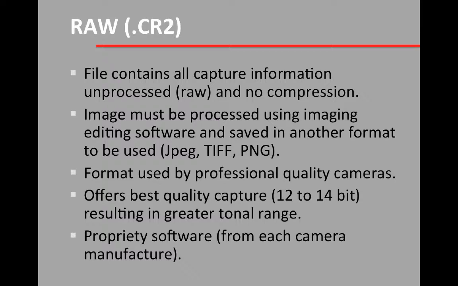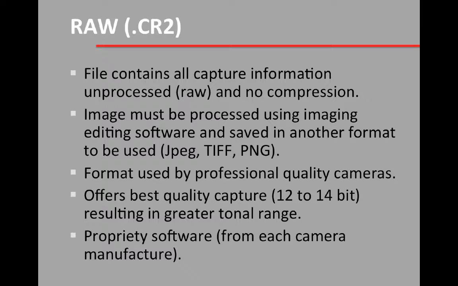Now we don't capture it quite in 16-bit. When cameras get to the stage where they all shoot in 16-bit, that'd be great, but they generally don't. They fall a little bit short, but we do our processing, our post-production, in 16-bit, and it makes a huge difference when we process in 16-bit rather than 8-bit.